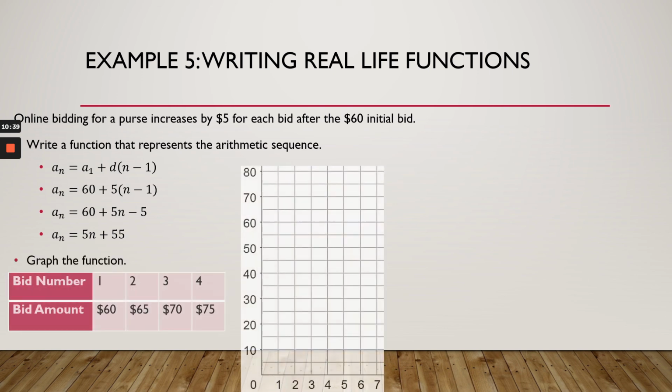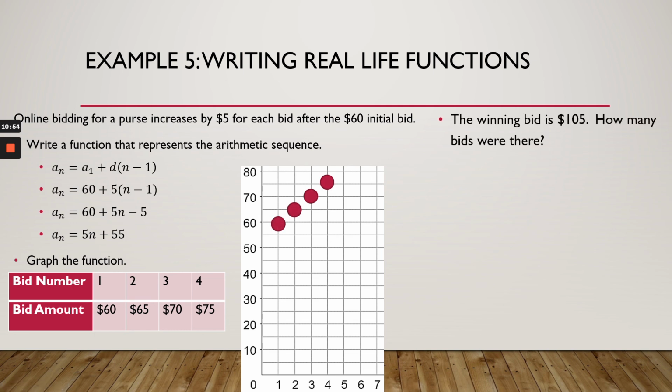If we want to graph that function, here we've got the numbers in order. Notice that we started with 60, then the bid went up to 65, 70, 75, and on and on. Okay, we notice that once again, it did form a perfect line.